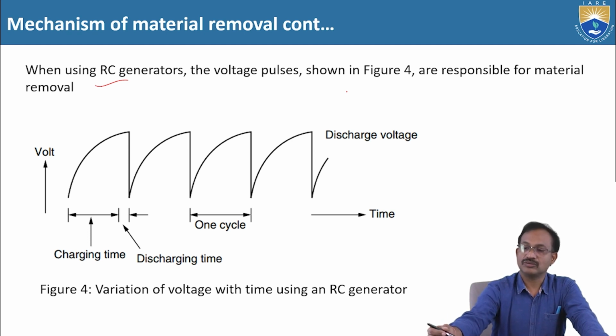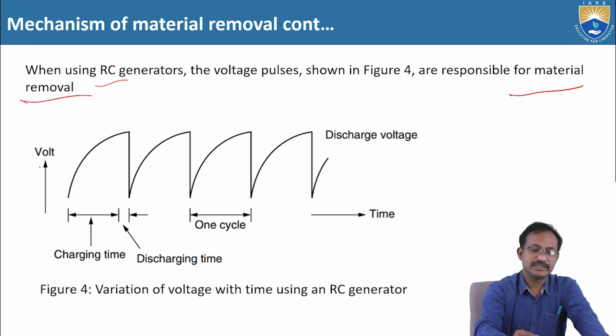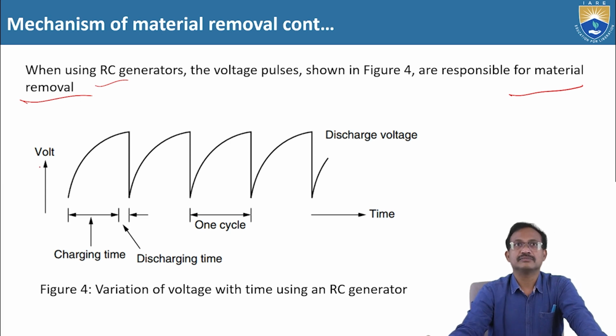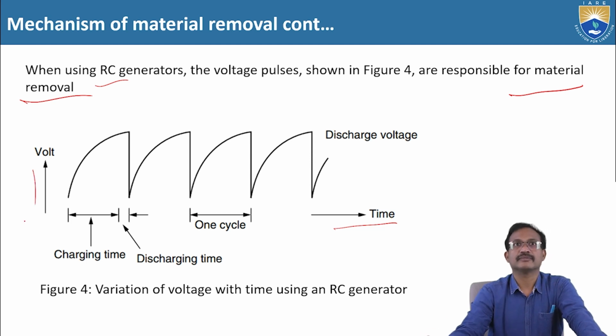Okay, so here the material removal is due to the relaxation circuit generators. Right, see here the voltage on y-axis and the time on x-axis.